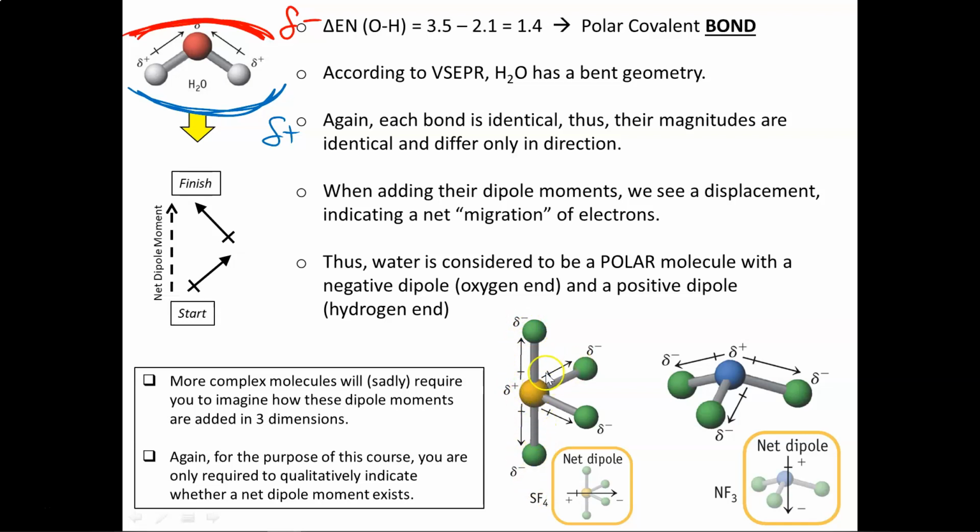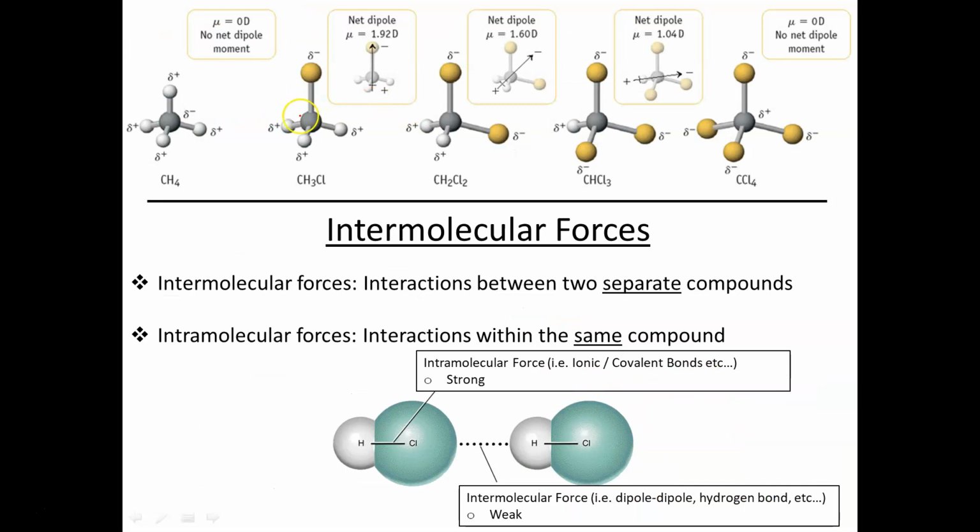However, you have one dolphin pulling you into the page and another dolphin pulling you out of the page. The in and the out components are going to cancel each other out, but overall these dolphins are pulling you forward. And so the net dipole over here, the electrons seem to be moving in this direction, leaving this end of the molecule partially positive and having all electrons end up on this side, making it partially negative. As long as you can visualize where the electrons are migrating overall in these molecules, you should be good to go.